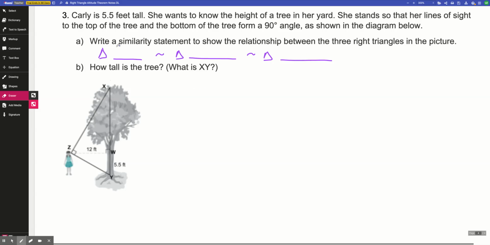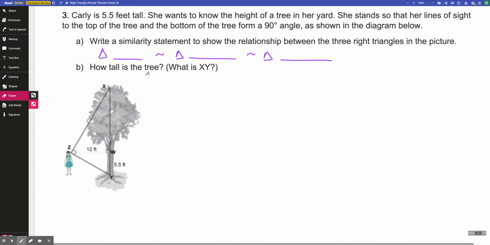Remember, whatever order you write the first triangle in, whatever path you follow, whether you go along the hypotenuse first or along the shorter side first, make sure you write the other two triangles in the same order. You follow the same pattern.